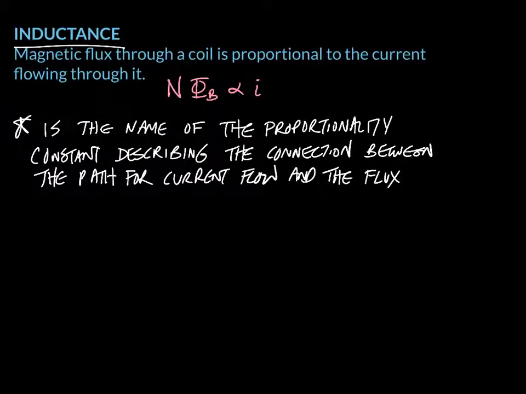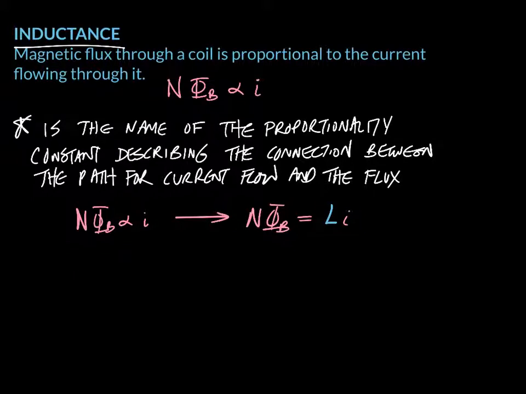So we would go from this N theta V is proportional to I to, all right, not theta, N phi B equals Li.